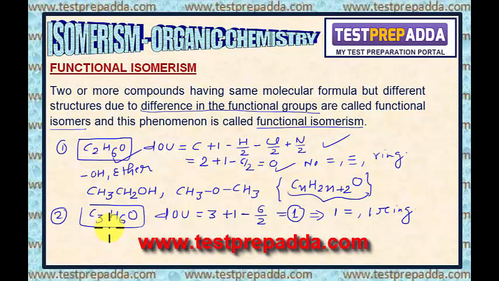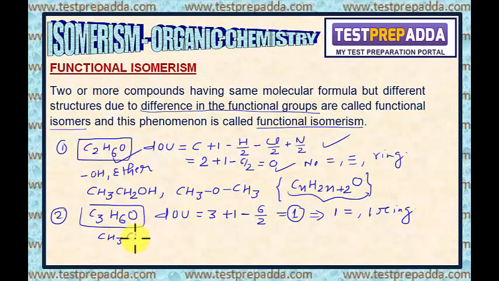Okay, so first of all, we know that there is a functional group aldehyde, where you can see C double bond O, 1 unsaturation. Now see, 3 carbon atoms are there, 6 hydrogen atoms are there, 1 oxygen.